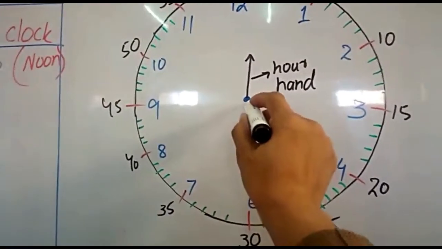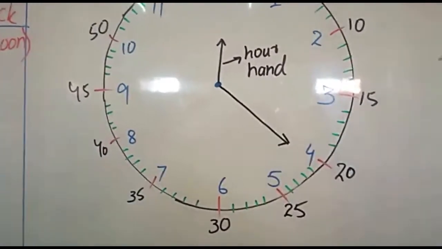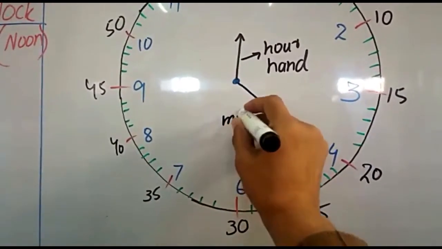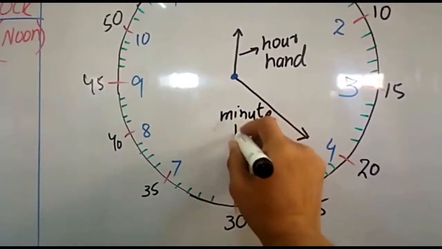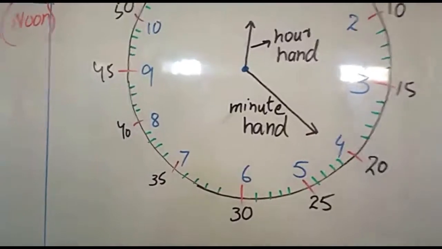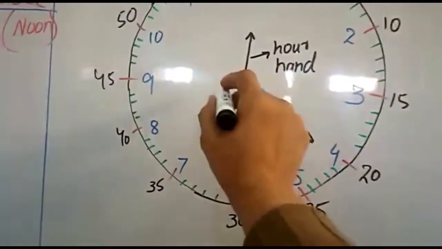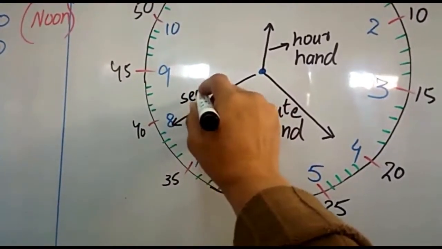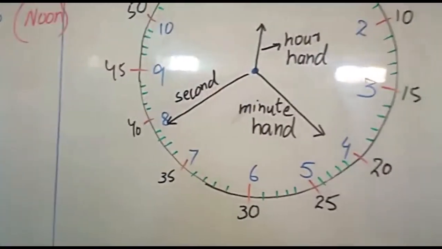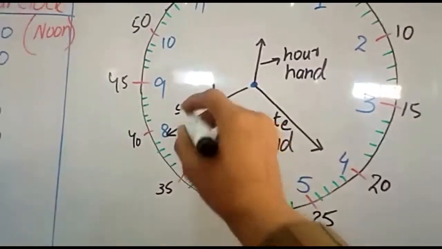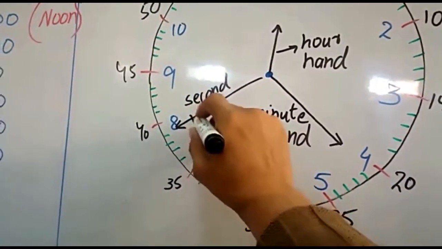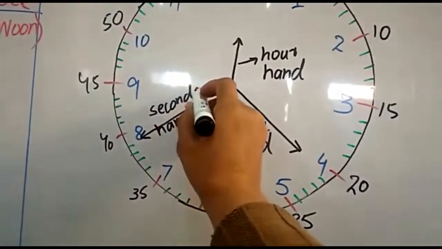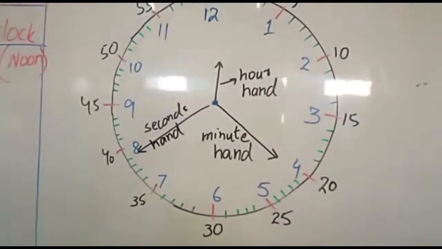The hand which is longer is called the minute hand. And the other one, which is the longest, is called the second hand. Nowadays we can't see this type of hand in clocks or watches. Clear about it?